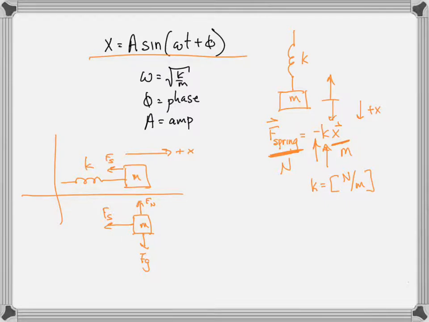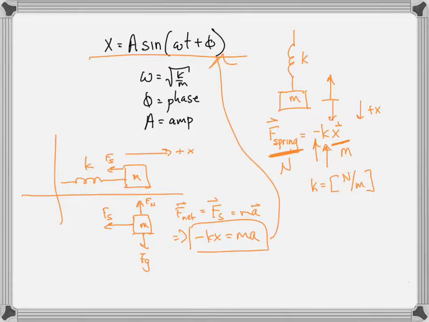So the net force, because it's only moving along the x-axis, is simply equal to the spring force, and that equals ma. And so therefore, minus kx equals ma, as long as I'm choosing plus to the right. Okay, and we solved that equation to get the equation of motion here.